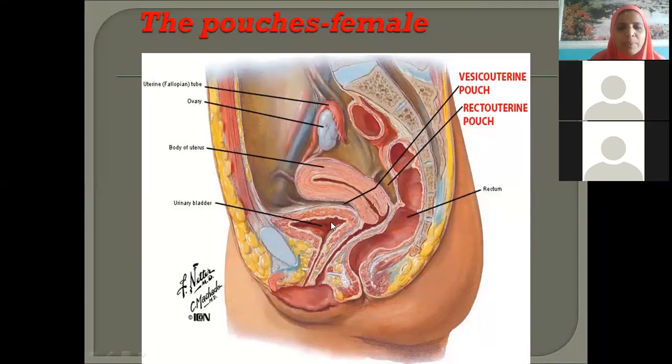Similarly, there is a pouch between the urinary bladder and uterus. We use the word vesica to indicate a bag, that's why the name of this pouch is the vesico-uterine pouch. Is that clear? The vesico-uterine pouch is anterior, the recto-uterine pouch is posterior.